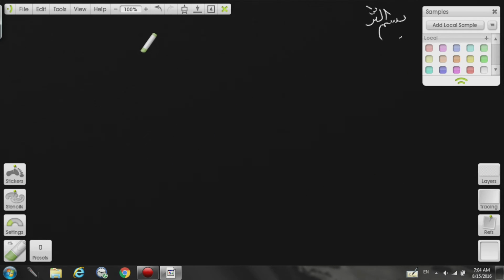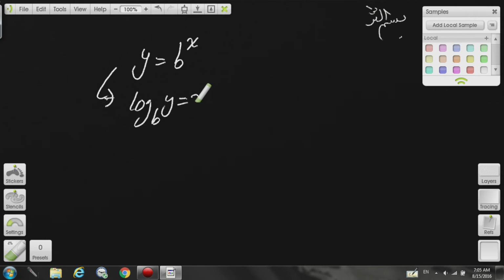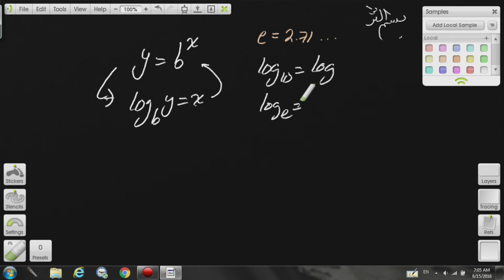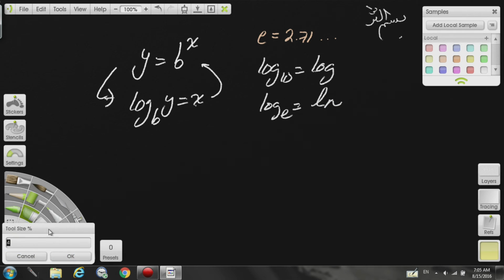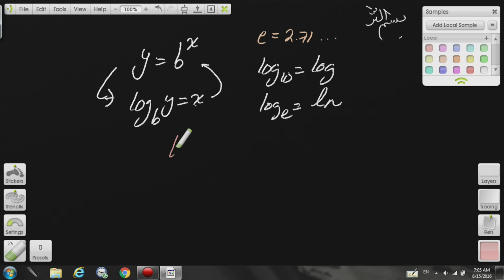As a review, we defined how we convert an exponential equation to a logarithmic equation, and back and forth. Then we talked about what the number e was, the natural base 2.71. Then I suggested log base 10 is just the common log, where the 10 is frequently omitted, and log base e is the natural log, where the e is frequently omitted. Then we enumerated some basic log rules.